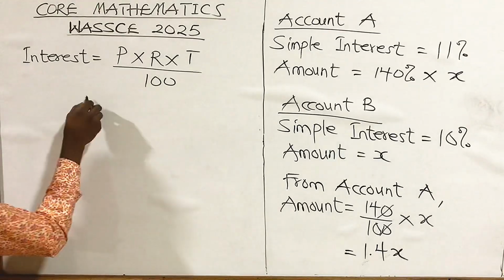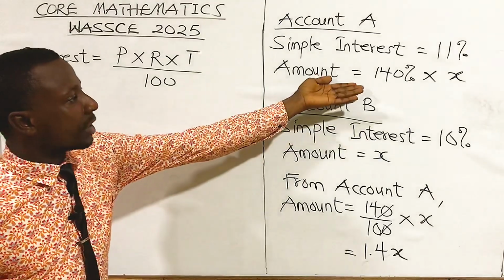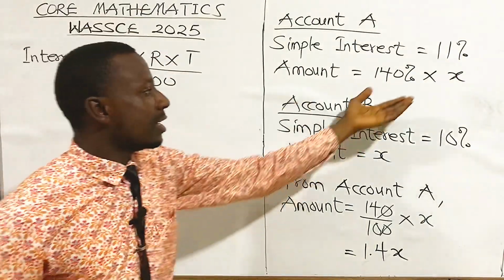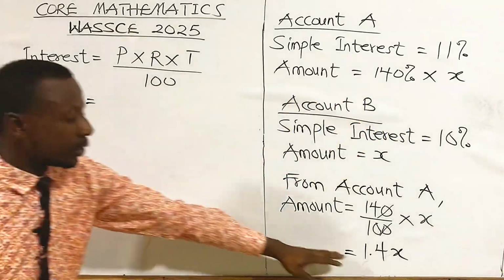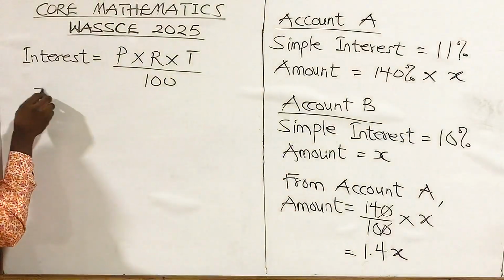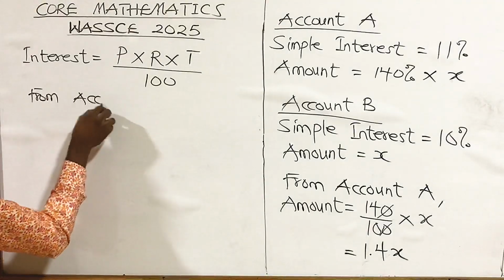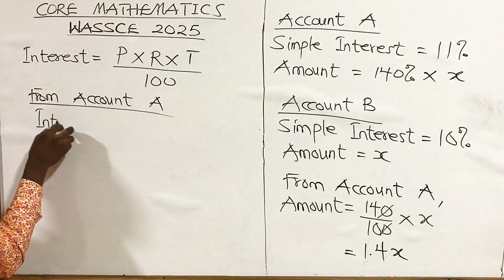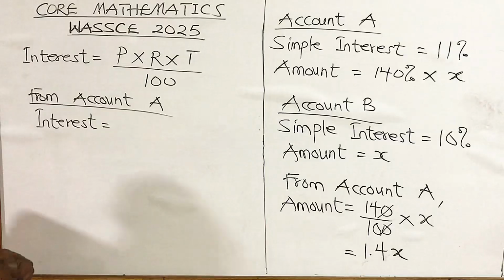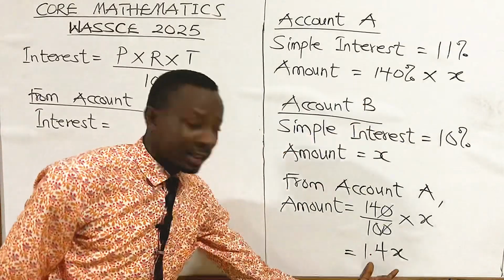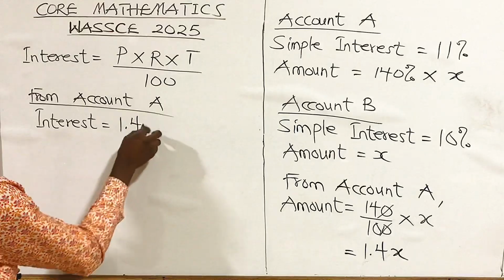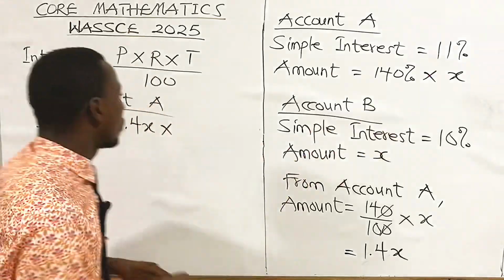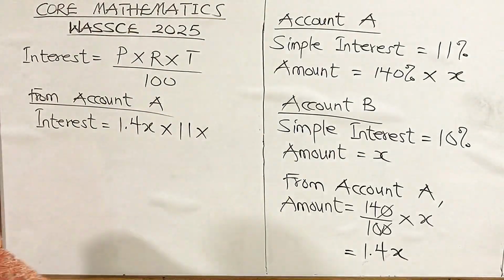At this point, we are going to calculate the interest from account A, because the 11% is the rate for the simple interest, and the principal is 1.4x. So the interest is equal to 1.4x times the rate, which is 11, times the time.